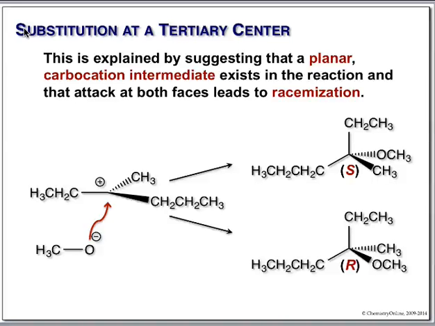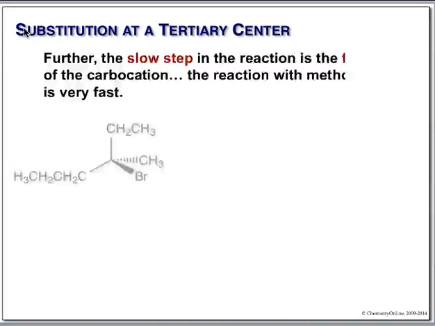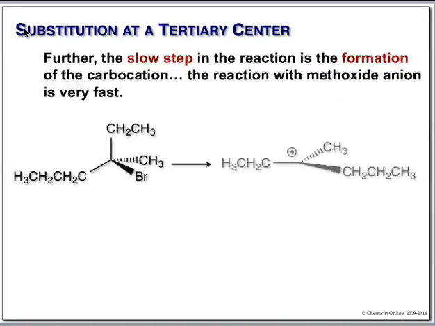So what these data tell us, what the stereochemical data tell us, what the kinetics tell us, is that this reaction most likely involves a carbocation intermediate. Why is this only dependent upon the concentration of the electrophile? Well, simply because ripping the bromine off here, as opposed to pushing it off, is hard.